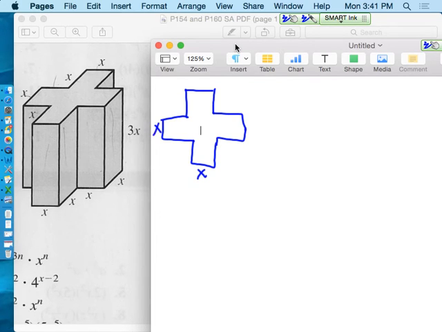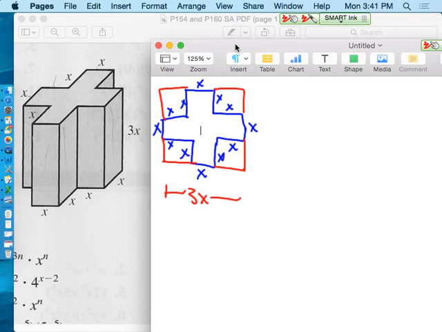Each side that you're looking at is x. One way to calculate it is to assume that you've got a solid piece with little cutouts here. If I go with the solid, this is going to be a 3x by 3x.